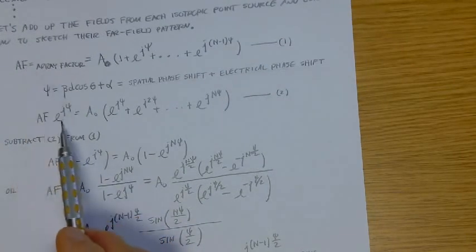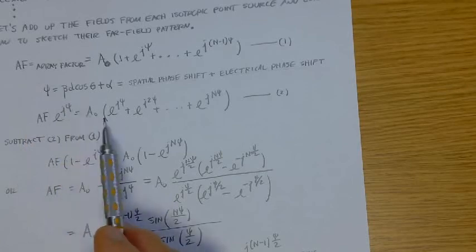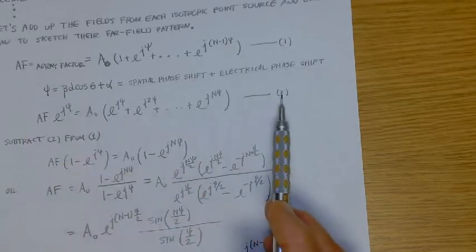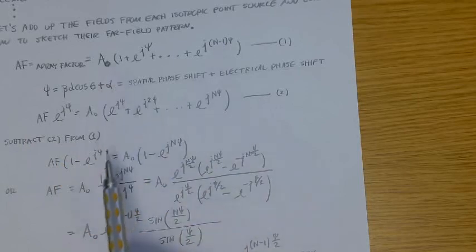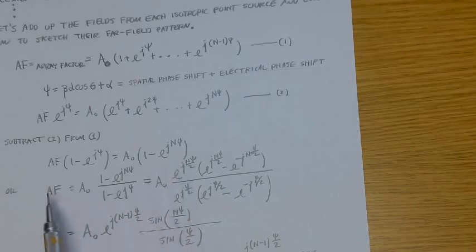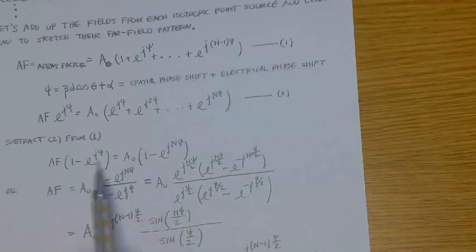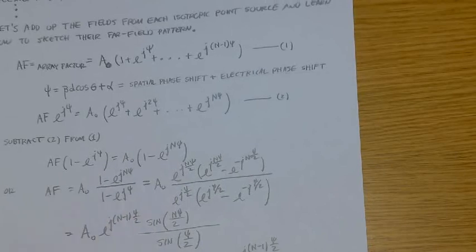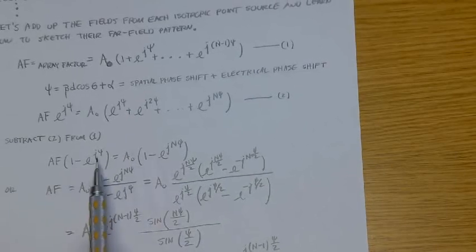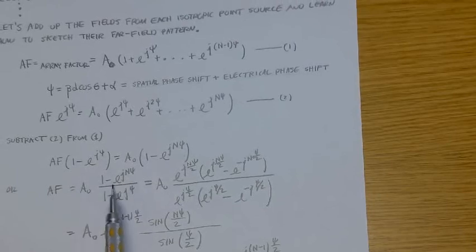If we take the array factor and multiply it by e to the j psi, we get equation 2. If I subtract 2 from 1, do the arithmetic, you're going to get an expression that looks this way. Then I can solve for the array factor by doing the algebra and dividing this side by 1 minus e to the j psi.